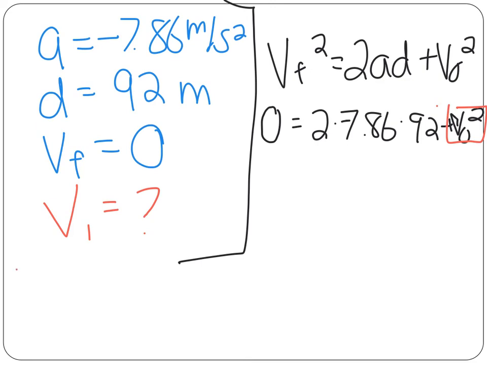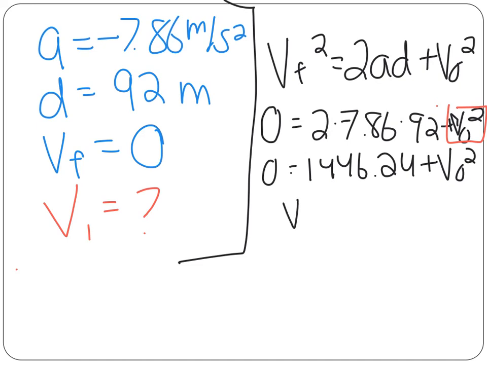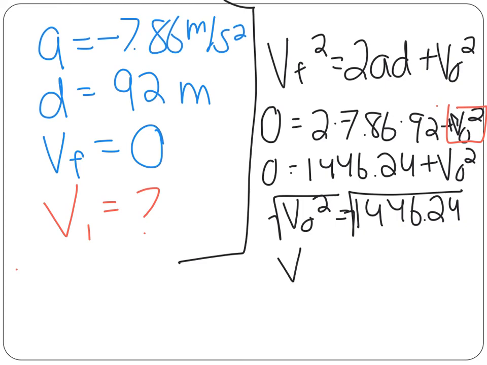If I work out my math, I have 0 equals negative 1446.24 plus V0 squared. Move everything over. Square root both sides. And I get 38 meters per second.